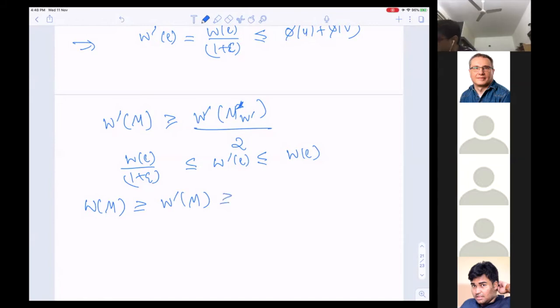So what we know is that this is W prime M W prime divided by 2, right? What I mean by this is that, because of our algorithm, M is at least a factor 2 approximation with respect to the maximum weight matching under W prime.